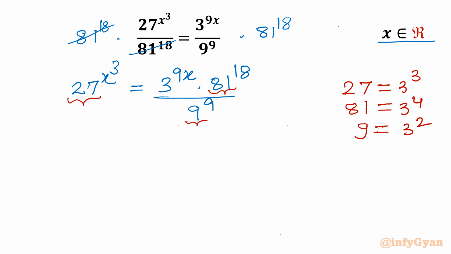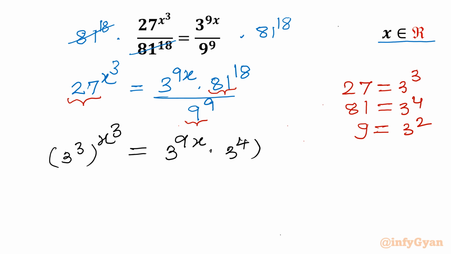So let us write (3³)^(x³). Right hand side it is already with base 3, 3^(9x). Here I will be writing (3⁴)^18 and in the denominator I will be writing (3²)^9.